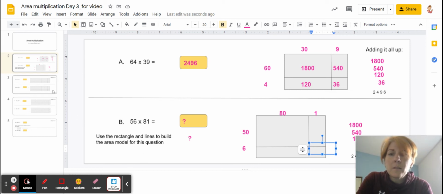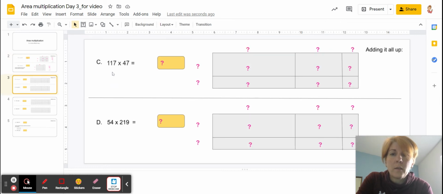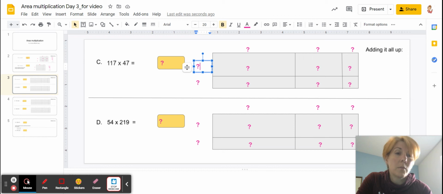So then in the next slide, you're going to go on to a question like this, where now I have 117 times 47. So if you notice, my rectangle has changed because I have this hundreds number, right? So I'm going to need a section for hundreds. Now, if I look on the top, I have 1, 2, 3 question marks, and on the side here, I only have 2. So that means, like I said, it doesn't matter which side you put the numbers on, so long as the rectangle represents 117 by 47.